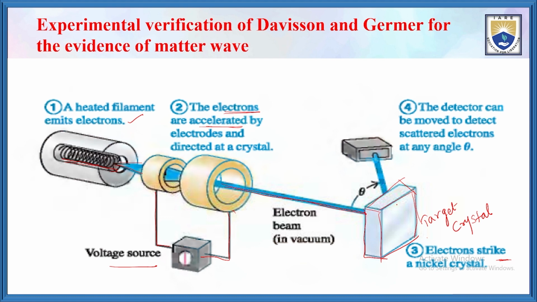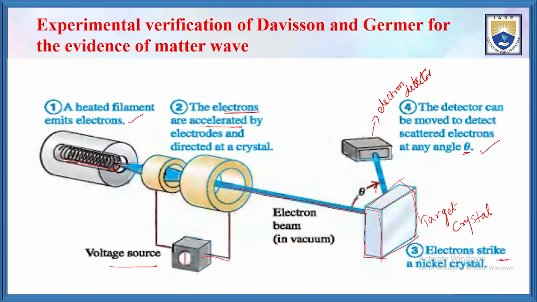These scattered electrons can be detected by the electron detector, or Faraday cylinder. The detector can be moved to detect scattered electrons at any angle theta. This is the electron detector, and it is also connected to a galvanometer.